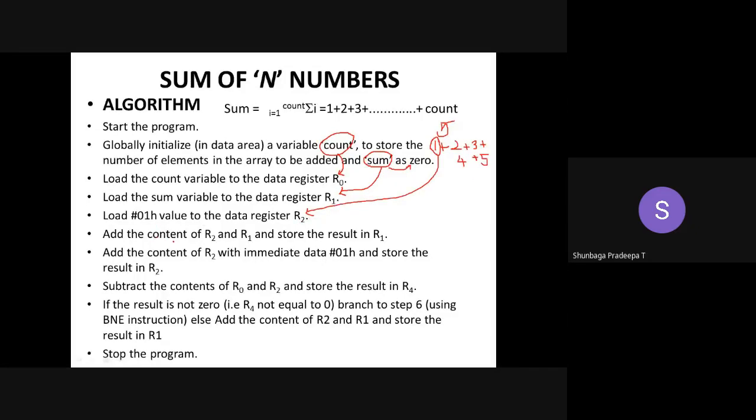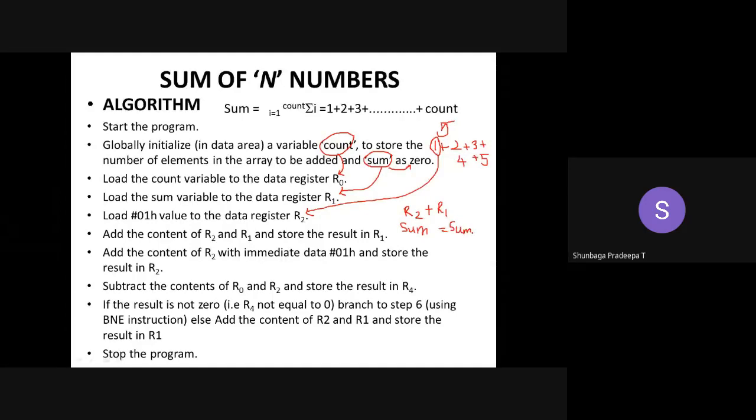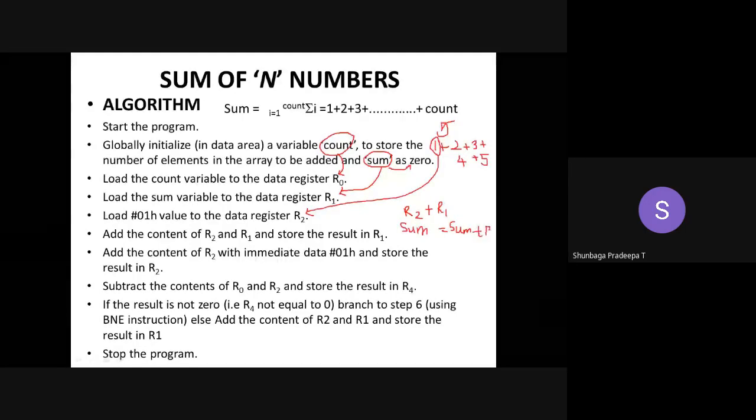Now what we have to do is add the content of R2 plus R1. What is R1? It is the sum. So sum is equal to sum plus R2.